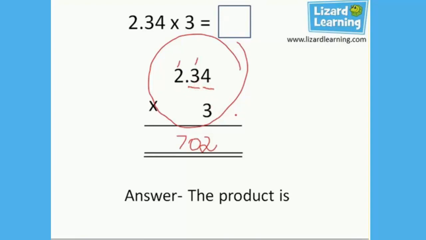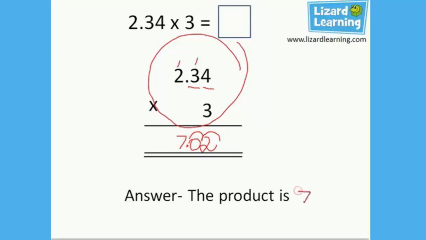There's 2 houses in the 2.34 and none in the 3. So there's 2 decimals. Therefore, the answer must have 2 decimals.